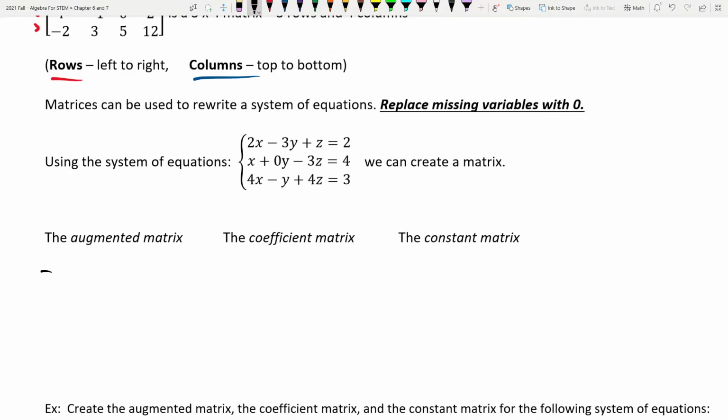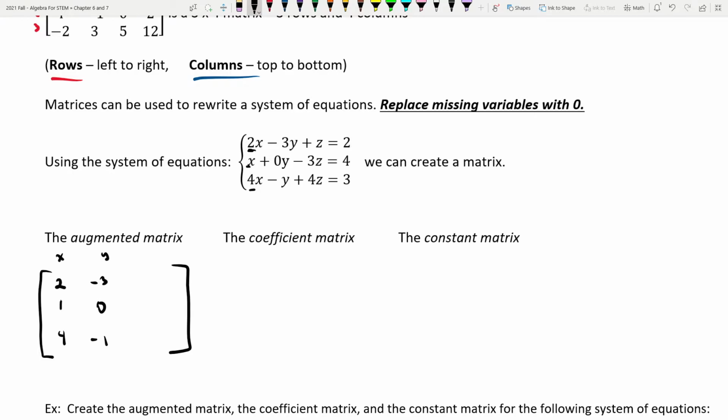So the augmented matrix is written by having all of the coefficients on the x's in the first column. So here we have 2, and then we have a 1 here, and then a 4. So this is the x column, and then we have a y column, which is negative 3, 0, and negative 1.